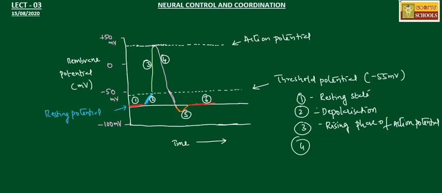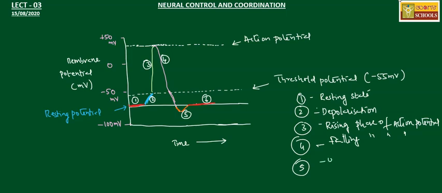And then the fourth one will be the falling phase of action potential. And then coming to the fifth point, this is what we call undershoot.